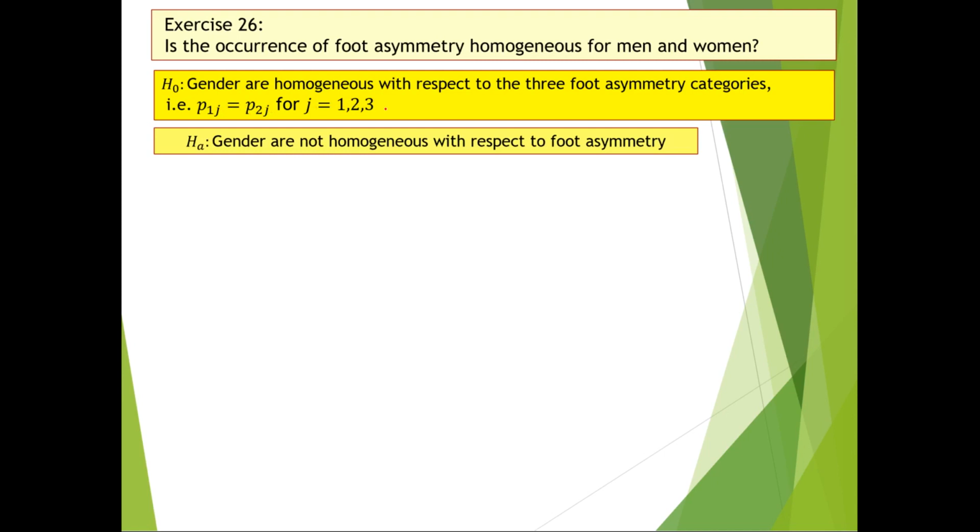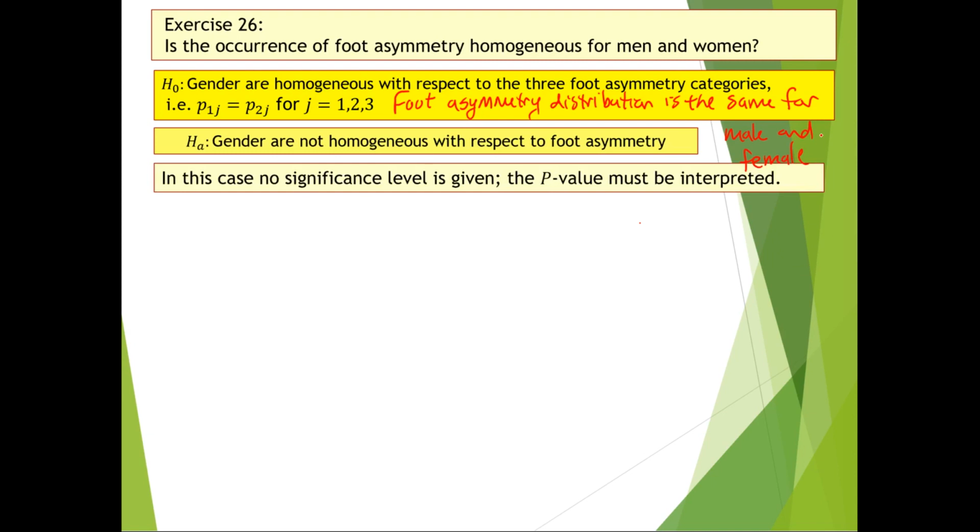So let me just write down my other way that you can formulate the null hypothesis, namely foot asymmetry distribution is the same for male and female. Distributions are the same for the two populations, the distribution of the proportions.